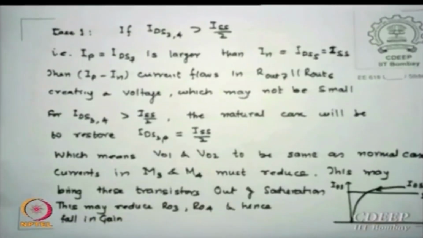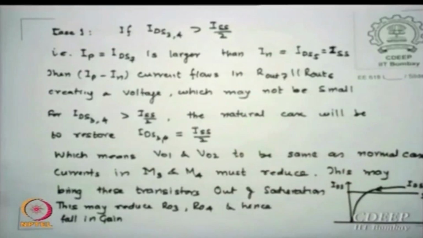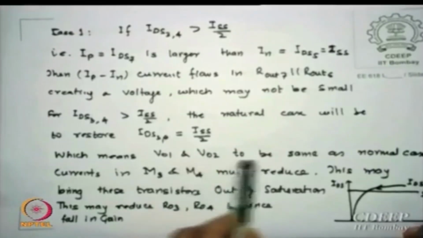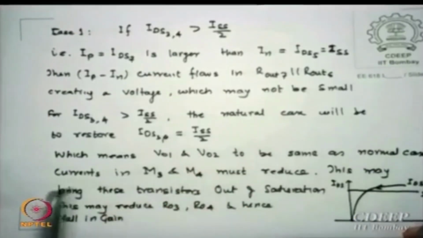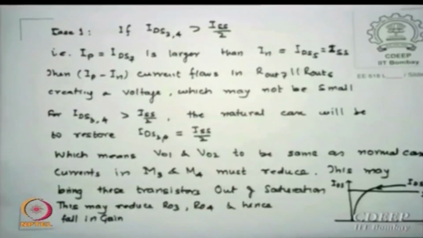That is natural in Kirchhoff's law: in one arm from positive to negative end, only one current can flow. But in reality it did not happen instantaneously, which means VO2 or VO1 would be the same in normal cases. However, the currents in M3, M4 must then reduce.